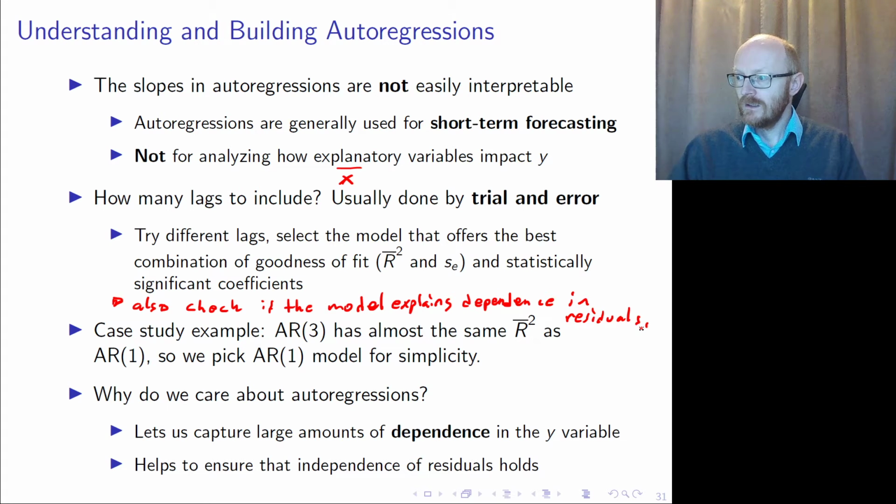For example, in our example, the AR3 model has almost the same adjusted R squared as AR1.